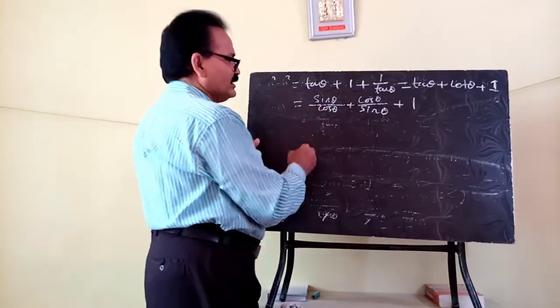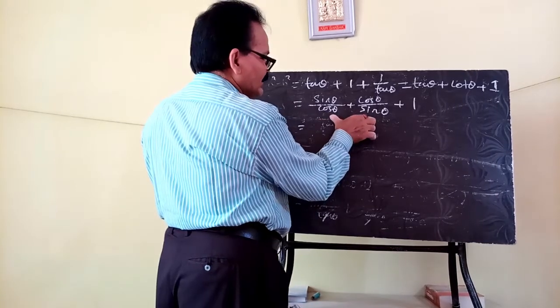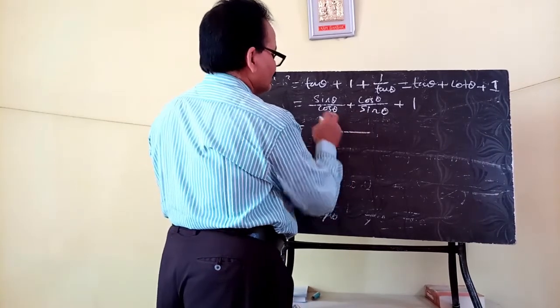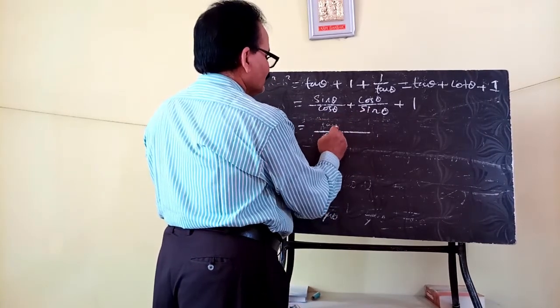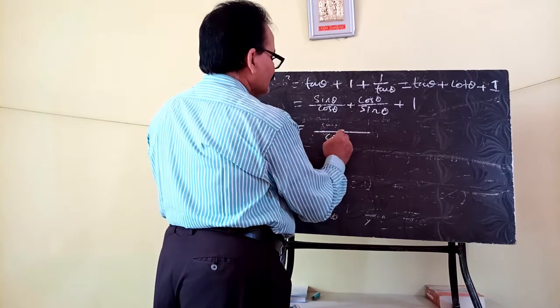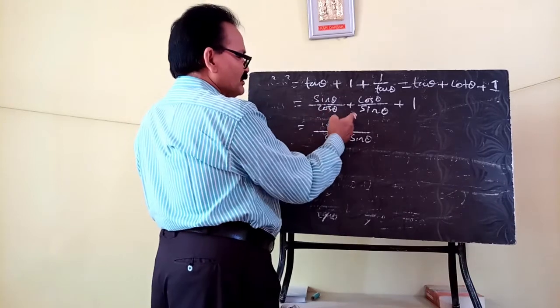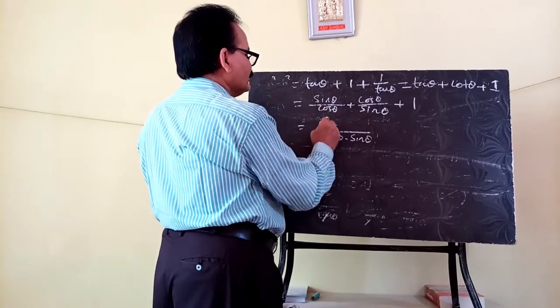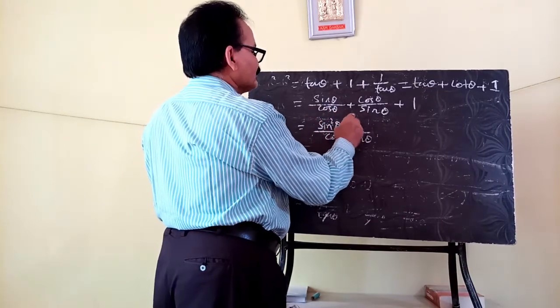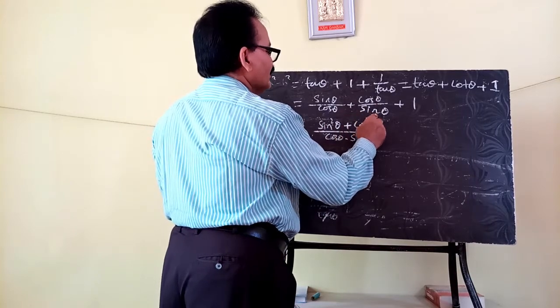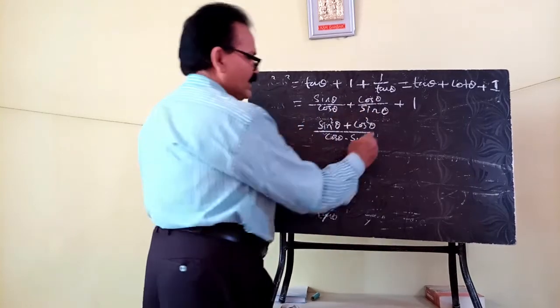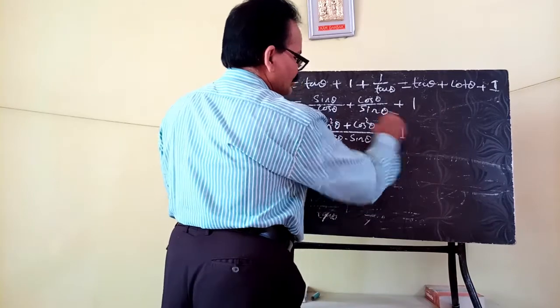So tan theta is written like that. Now you just take the LCM of these two fractions only, that is cos theta into sine theta. After simplification, this sine theta will be multiplied with this sine theta, so this is sine square theta, and this will become cos square theta. And this part is plus 1.